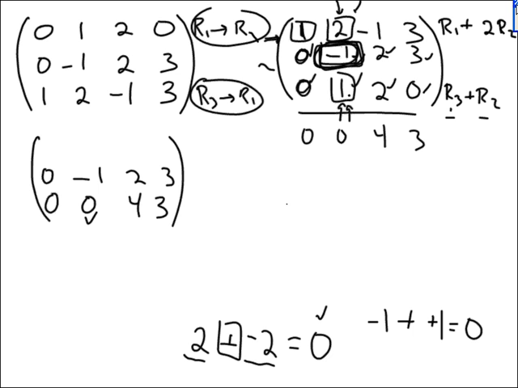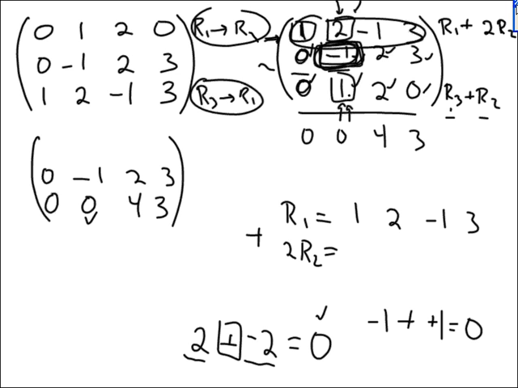Now we're going to do row 1 plus 2 row 2's. Well, row 1 is 1, 2, negative 1, 3. I'm just reading it off. And 2 times row 2, well, row 2 is 0, negative 1, 2, and 3. I double those entries: 2 times 0, 2 times negative 1, 2 times 2, 2 times 3.